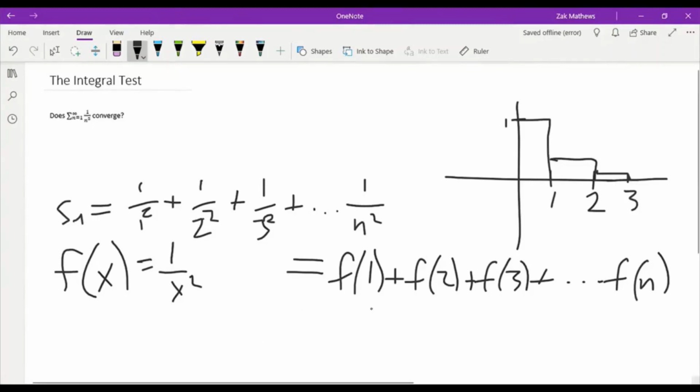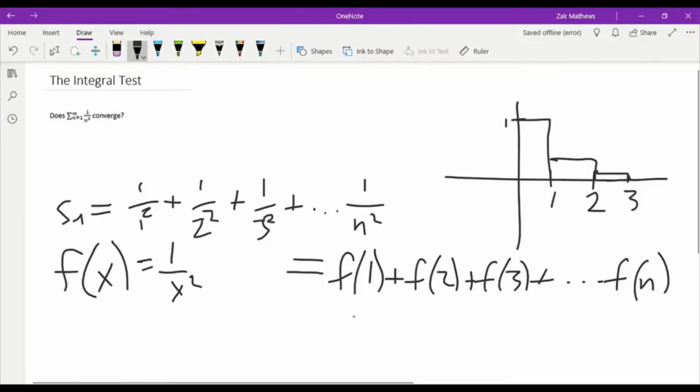And these two things have to be the same, given this function 1 over x squared. So I've converted this over to functions, and we know how to work with functions a little bit better, but still, this is kind of a pain to have to find every single function value up to that point. That still doesn't tell me what it's doing.